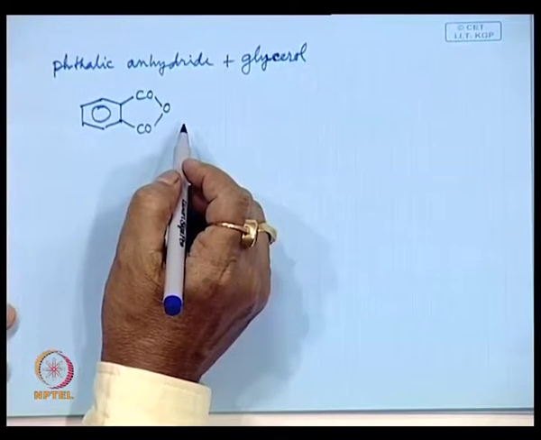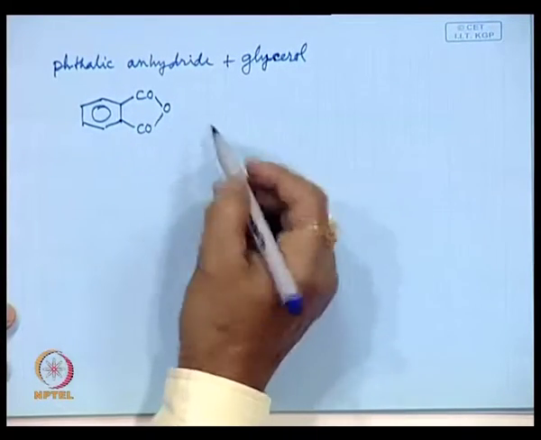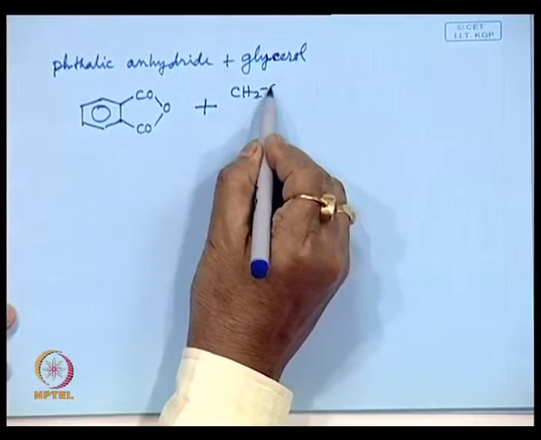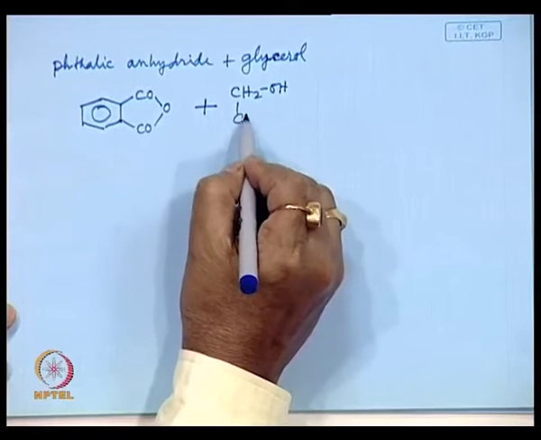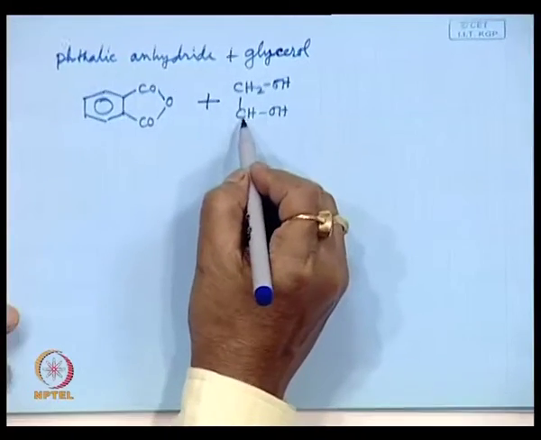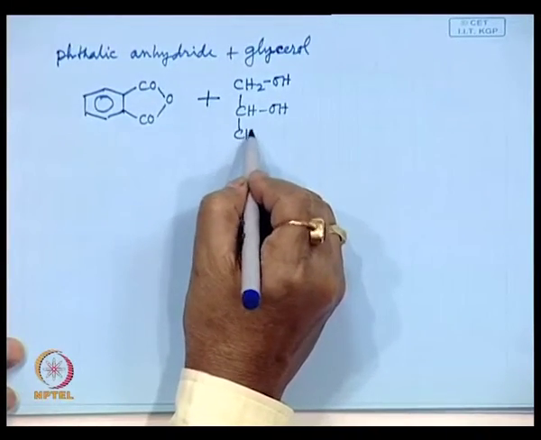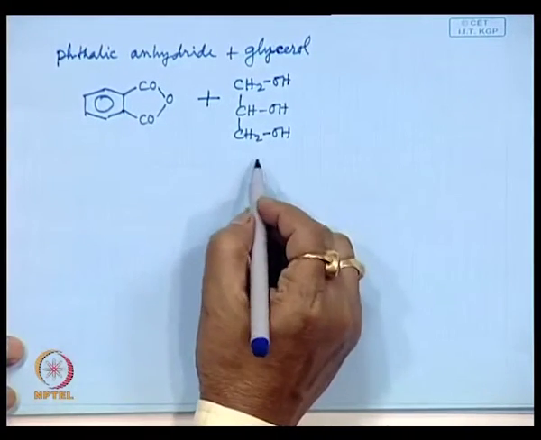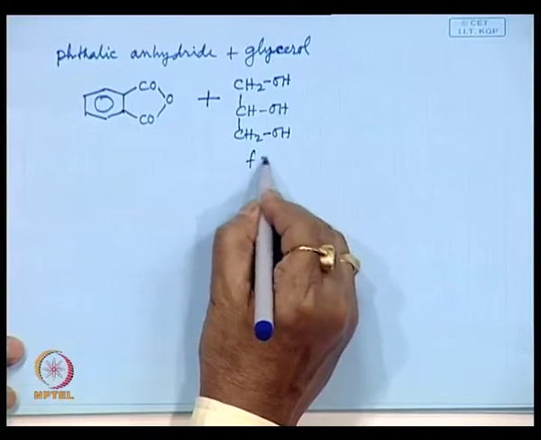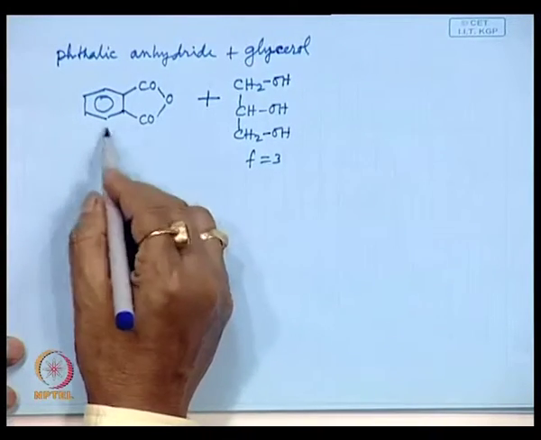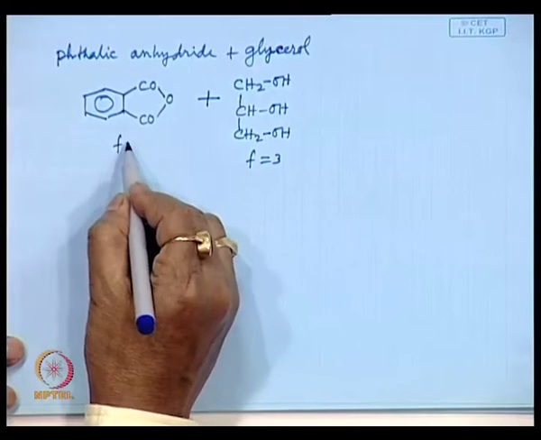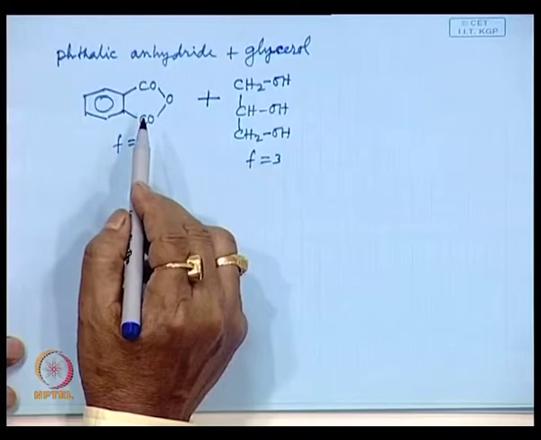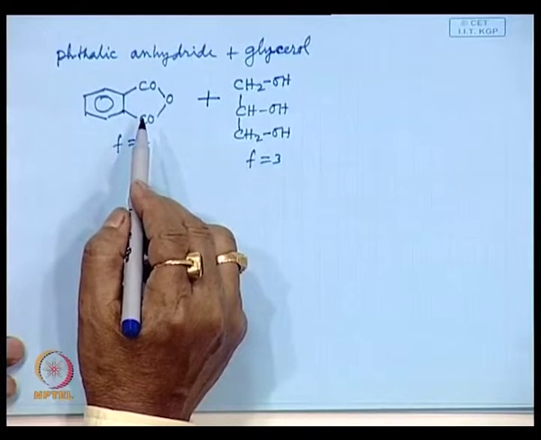Plus glycerol. This is a trifunctional monomer, here F is equal to 3, and here it is a difunctional monomer, here F is equal to 2. Now, this phthalic anhydride is an anhydride, devoid of water.